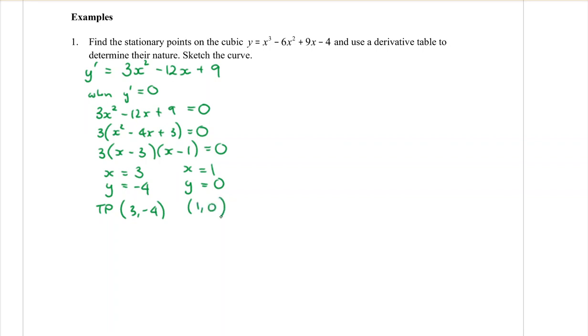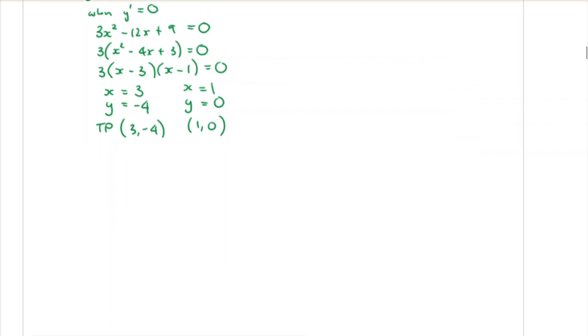So that was pretty much what we did last lesson. Today we want to take a step further, which is to determine the nature, meaning maximum, minimum, or point of inflection, from a table. So the table will have 3 rows. The top row will be the x values that I'm going to choose.